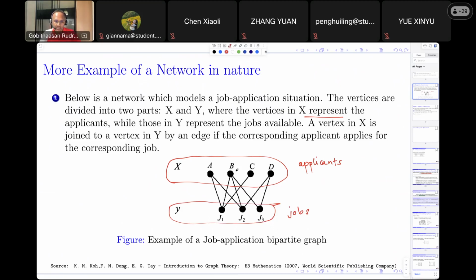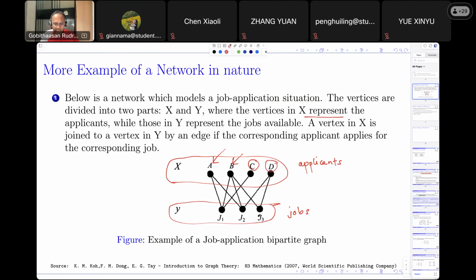As you can see, for example, student A applied for job number 1, 2, 3. Basically, he applied for all the jobs. Same goes to B. Whereas C is not so active. He just applied for job number 1. Maybe C does not like job number 2 and job number 3, whereas D only prefers job 2 and job 3.